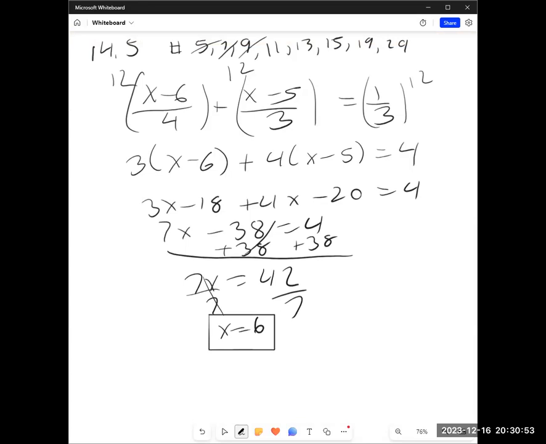Let's check that out, make sure that it works. 6 minus 6 over 4 plus 6 minus 5 over 3, is that equal to 1/3? Yeah, because this is 0, and that's 1/3 is equal to 1/3. So, yep. Answer 6.